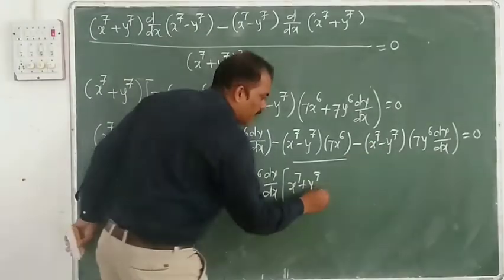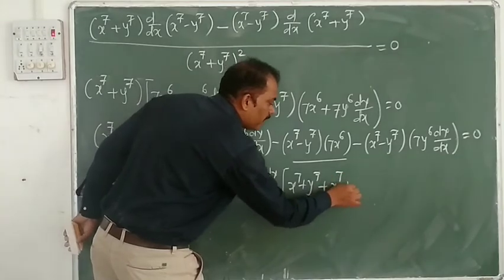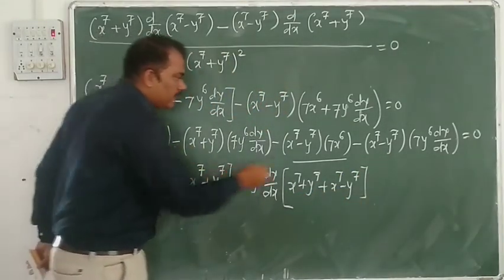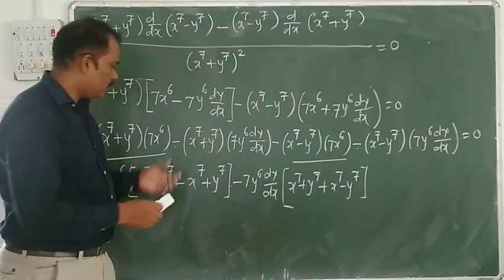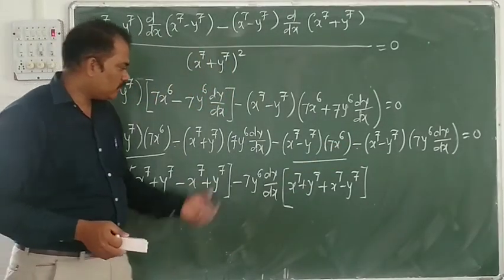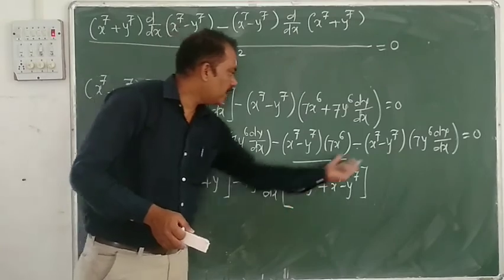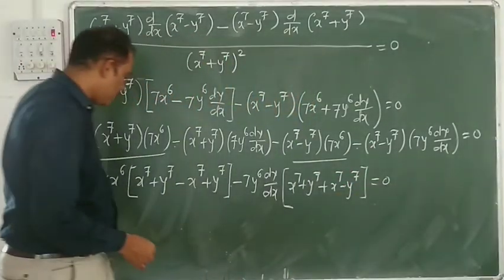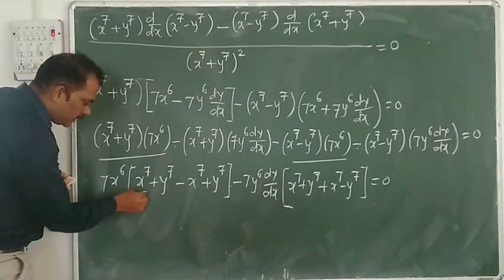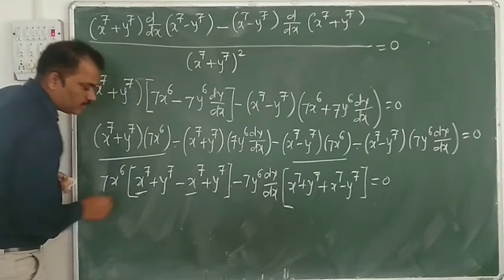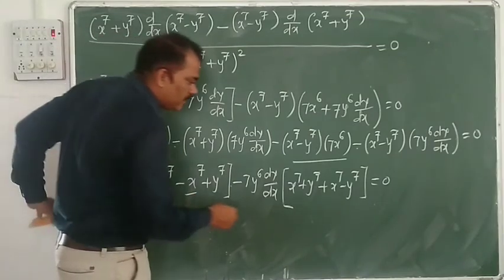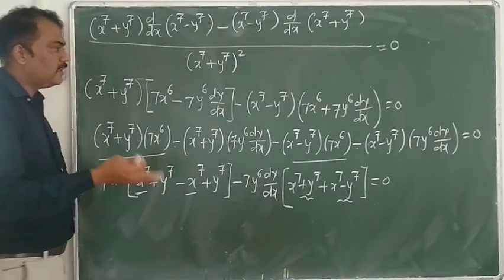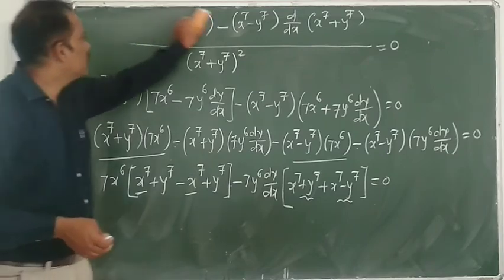Here also this term as it is, plus x^7 - y^7, because we have to take this minus sign common. We take the minus sign common, so this term as it is and this term also as it is, equal to 0. Now what we have to get cancelled. See here, x^7 minus x^7 get cancelled. Here y^7 minus y^7 get cancelled. We have to write the remaining terms.